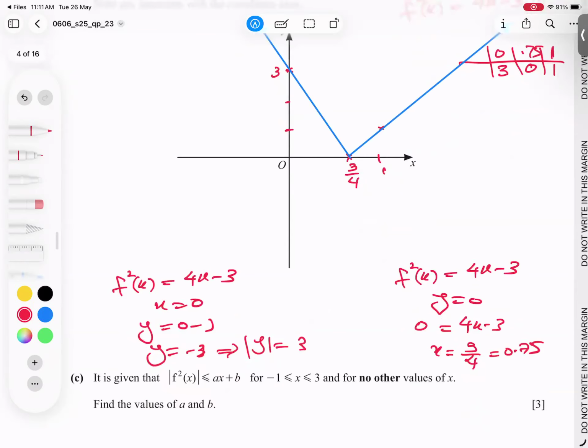Part number 2. It is given that this modulus square is less than bx plus a. And I said that it holds for these values, for no other values of x. So he's asking this one, okay? So find a and b values.